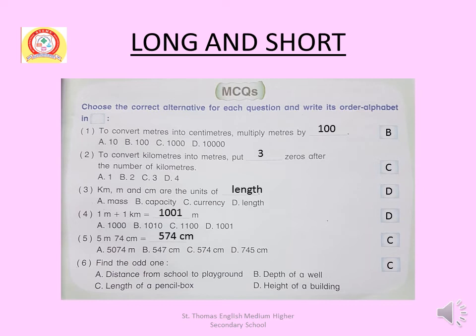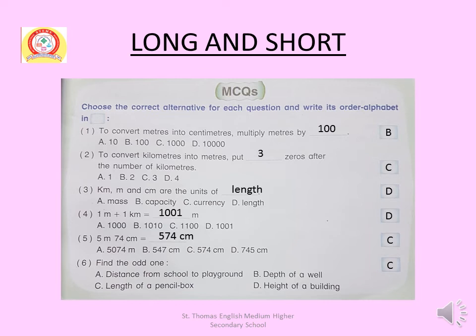So, to convert kilometer into meters, you have to put 3 zeros after the number of kilometer. So, you have to write C in the box, that means 3.